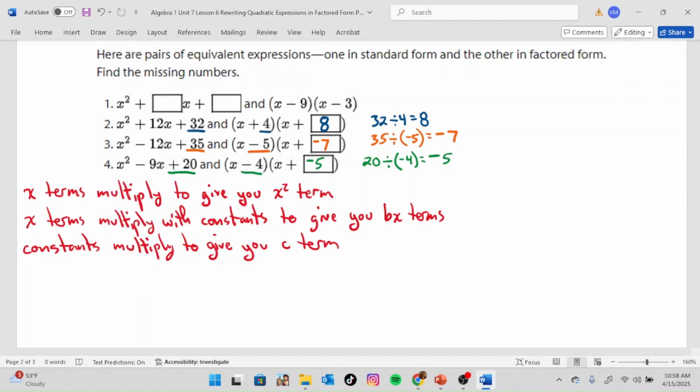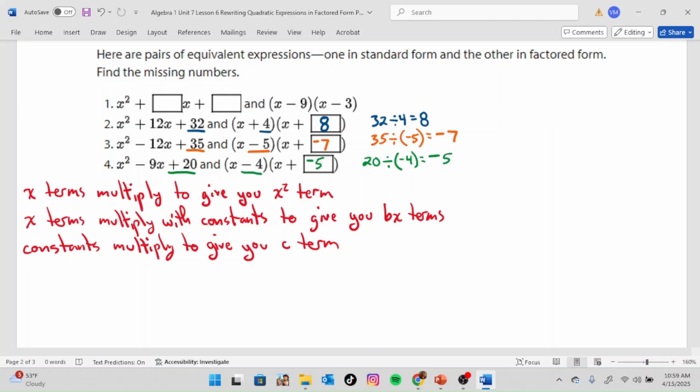Now I'm going to come back up here to number 1. We said down here in the notes that the x terms are going to multiply with the constants to get us the bx. And we said that the constants are going to multiply together to give us the c term.